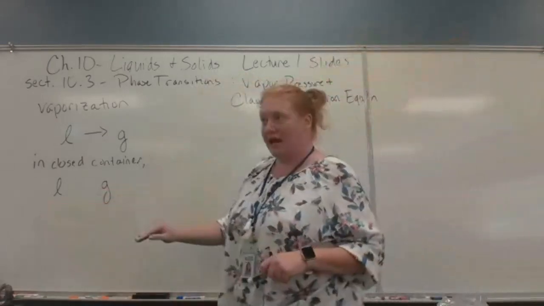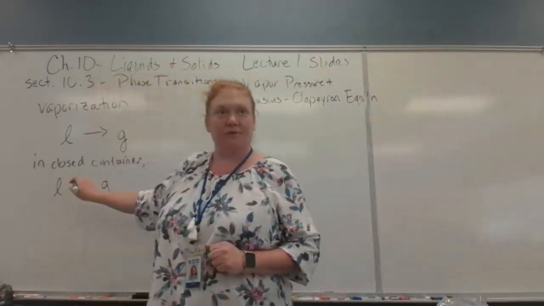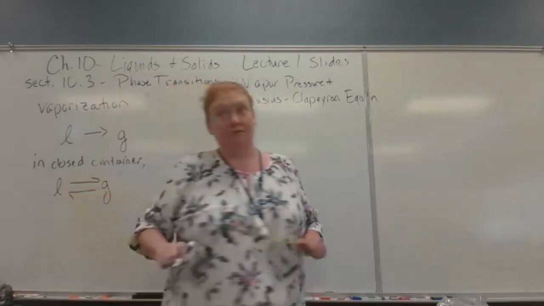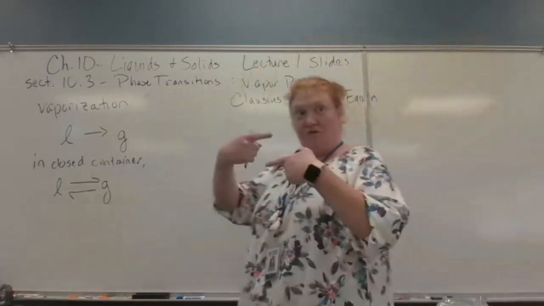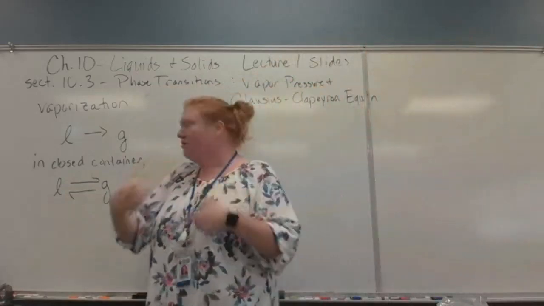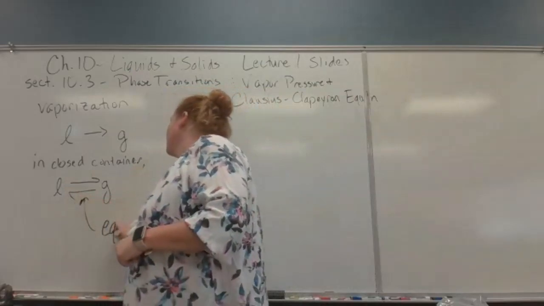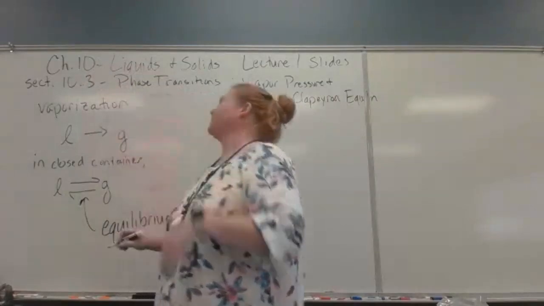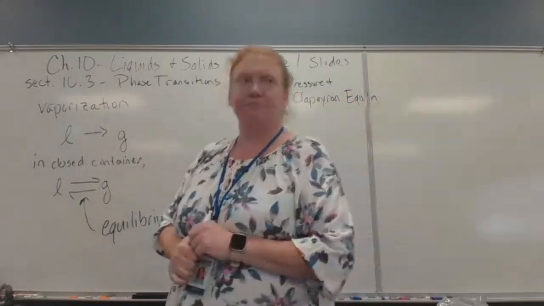In a closed container, y'all remember this arrow sign? Y'all recall that maybe from Gen Chem 1? The double arrow, the back and forth. This double arrow, when I first introduced it in my class, it's usually talking about weak acids or weak bases.